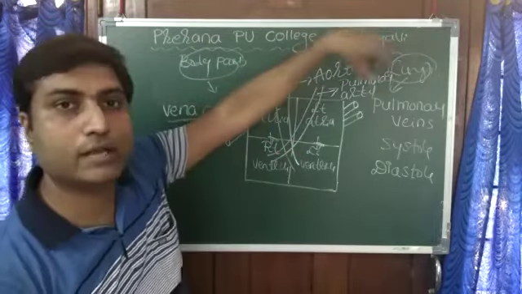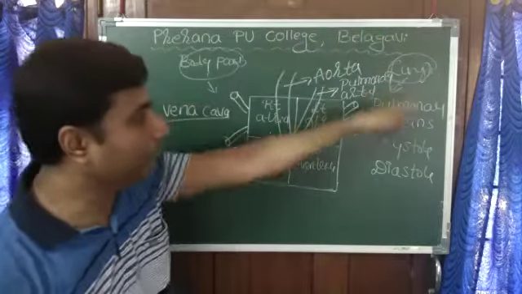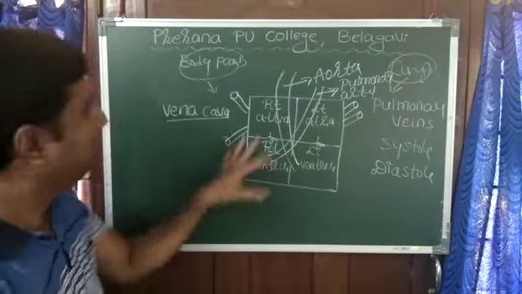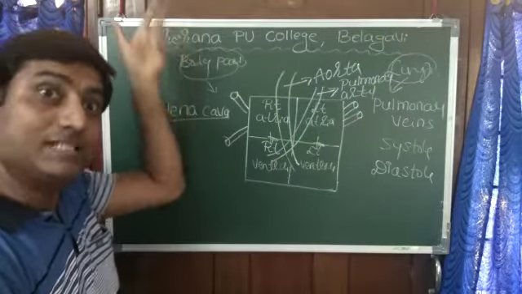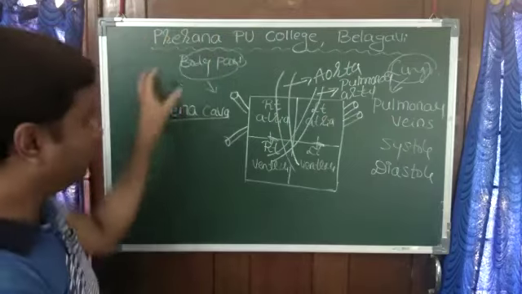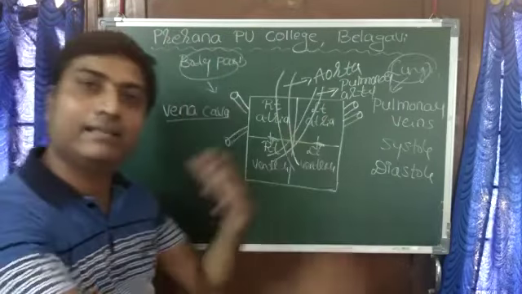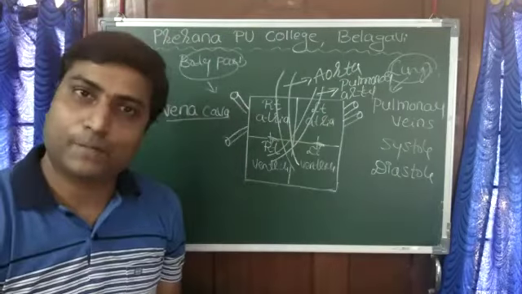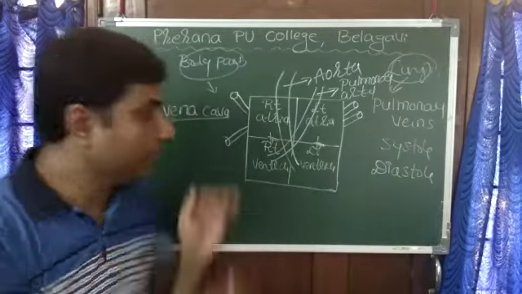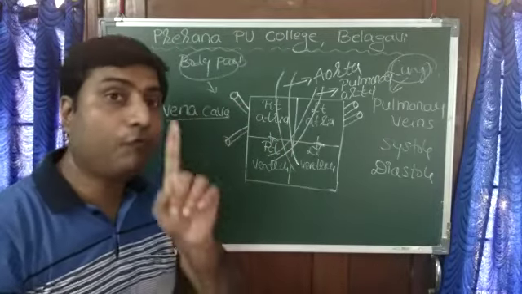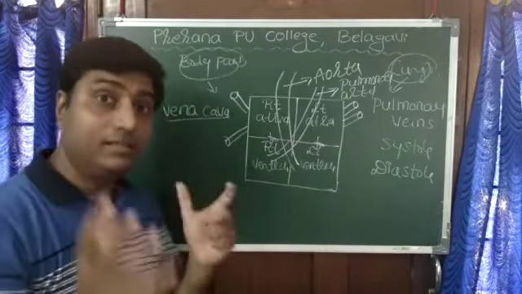So deoxygenated blood goes to the lungs, oxygenated blood goes to the body parts. Deoxygenated blood goes to the lungs, gets purified, and again comes here through the pulmonary veins. This goes to the body parts, gets deoxygenated, and again through the vena cava it comes here, and like this the cycle continues. So simple. In the circulation there are two steps. First, where the lungs are involved.